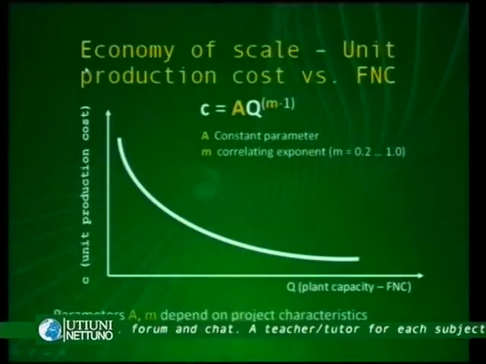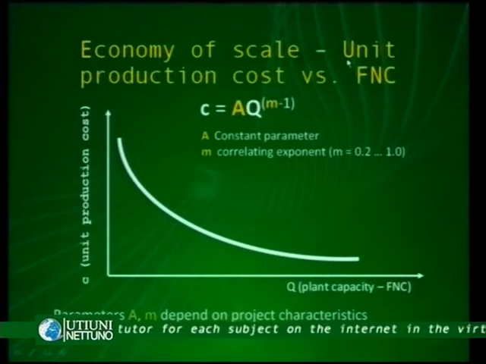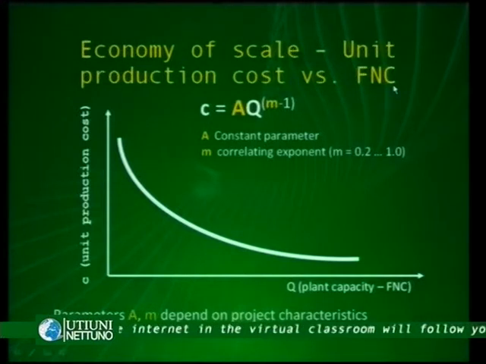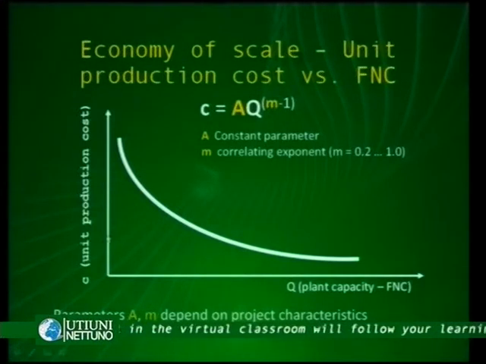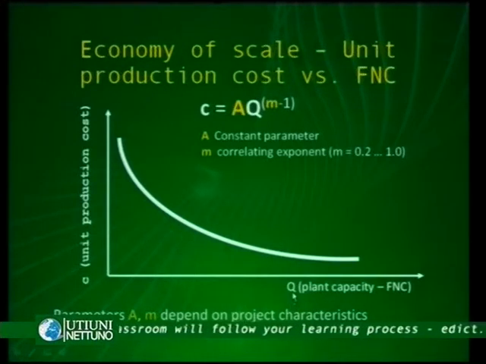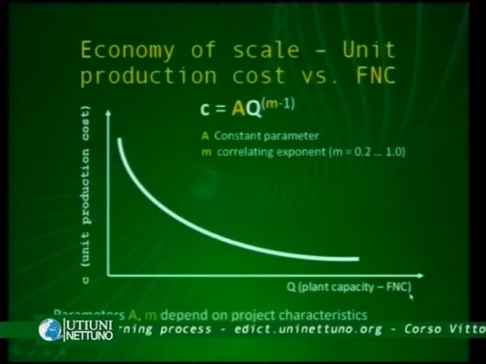So, graphically, we might observe that economies of scale could be appreciated by the confrontation of unit production costs versus feasible normal capacity. Now, let's consider on the horizontal axis the quantity, which is the plant capacity, in terms of feasible normal capacity.